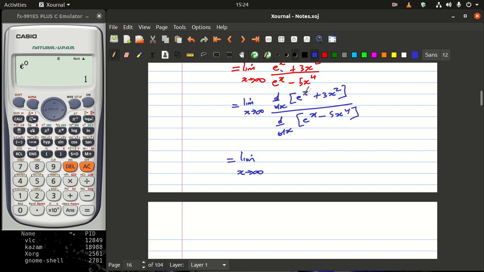And then this part over here, what is the derivative of this? We're still gonna get the same thing, and then plus, and then the derivative of this is going to be 2 times 3 is going to be 6x, and then in the denominator we're still gonna have e to the power x because the derivative of this is still gonna be the same, and then minus what will be the derivative of this. 5 times 4 is going to be a 20x, and then we reduce 1 there.